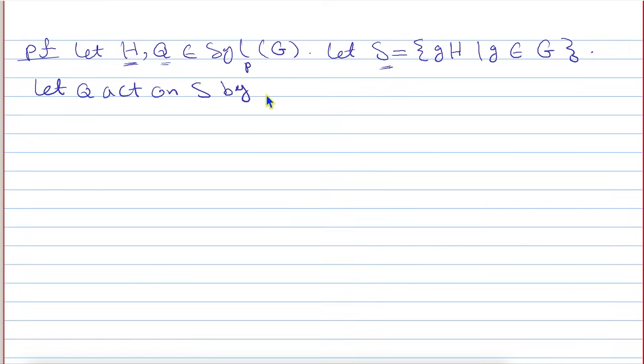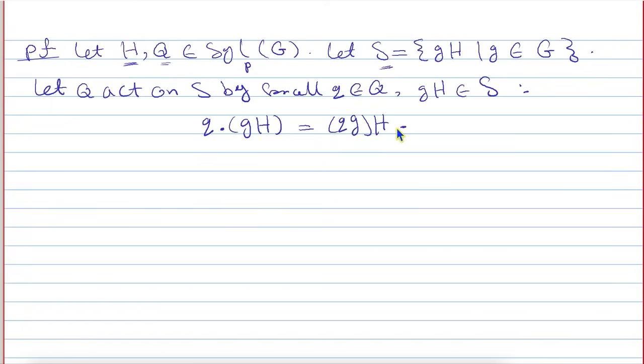That means for all little q in Q and gH in S, the action is defined as follows. So q dot gH equals qgH.